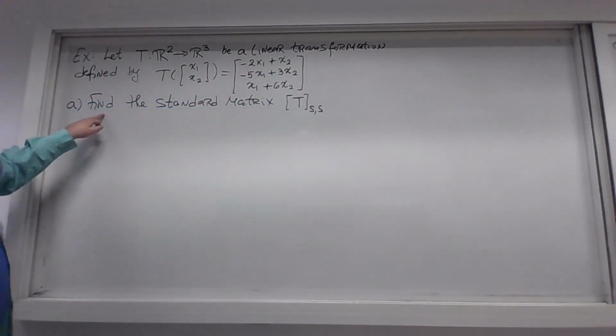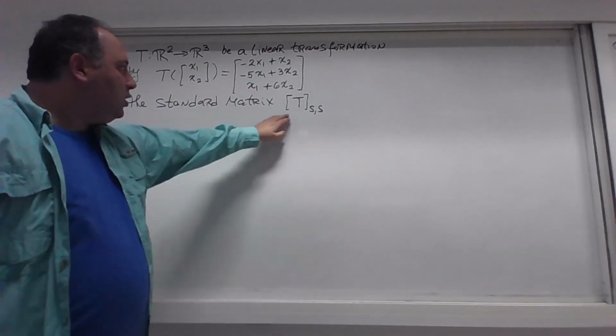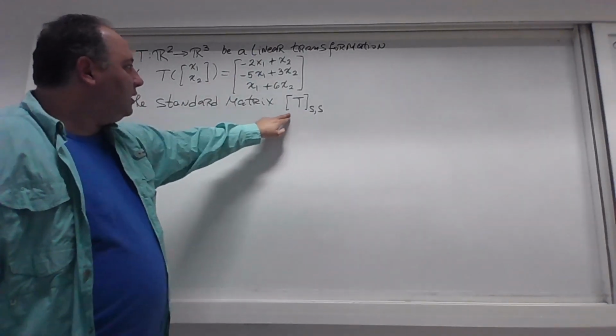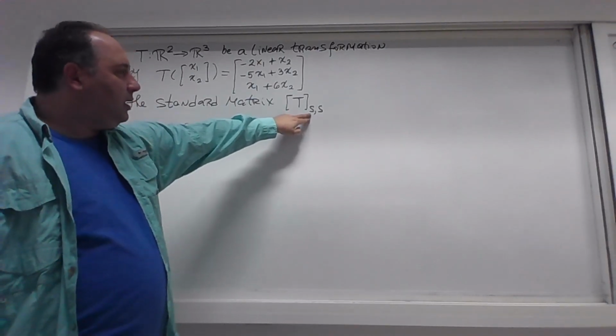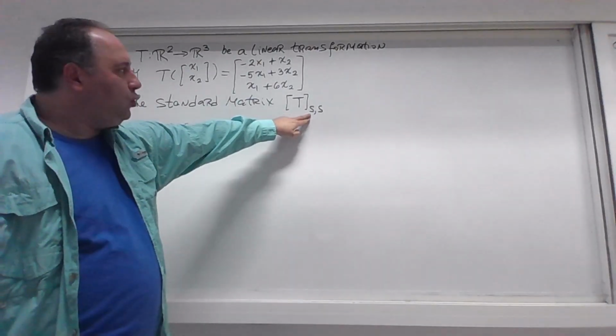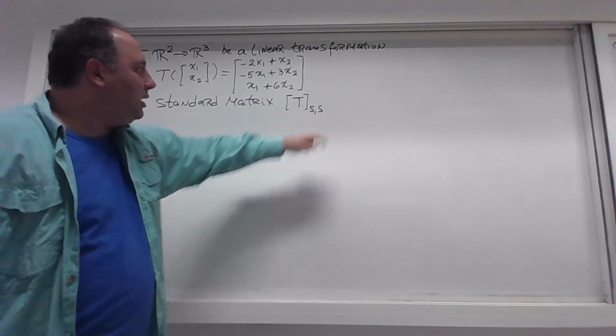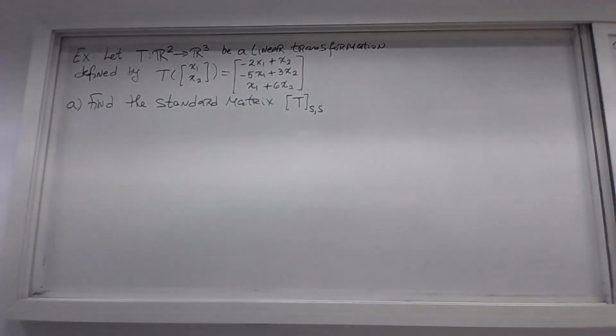So our goal is to find first the standard matrix, so the matrix that is relative to the linear transformation, but relative to the basis S, the standard basis for R2 for inputs and the standard basis for the outputs in R3. So how do we do this?